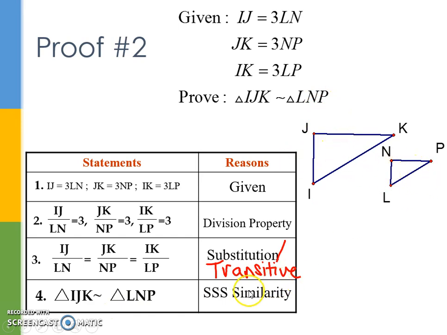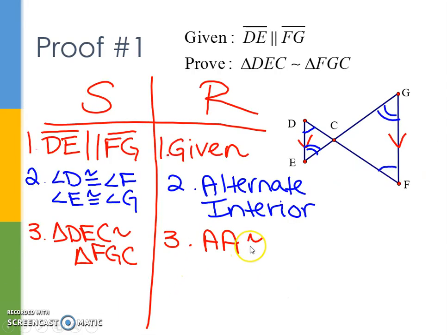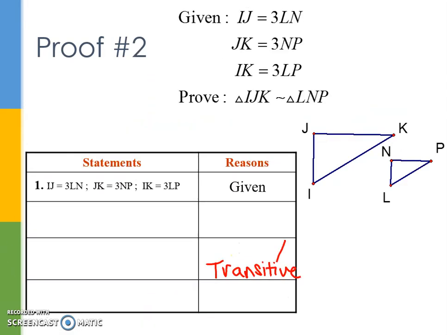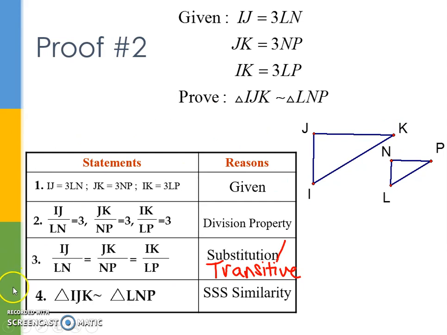So they are similar. They're not congruent. Similar means same proportion. The corresponding sides are all the same proportion, 3, 3, 3. So you can say that these two are similar because of side, side, side similarity. You can write the symbol like this, or you can write similarity at the end after the tool.